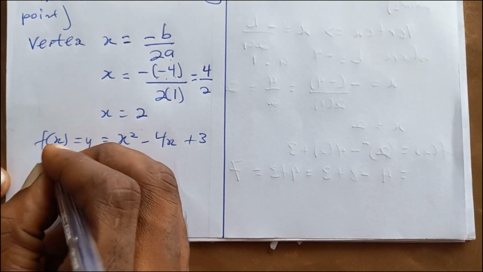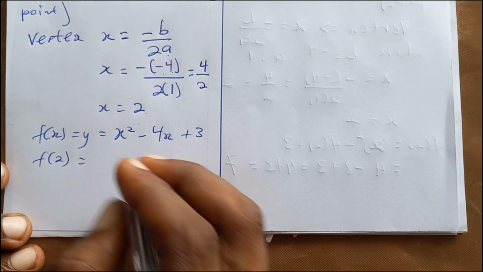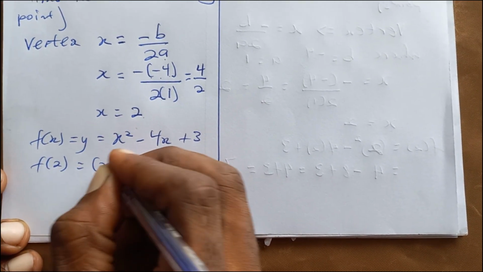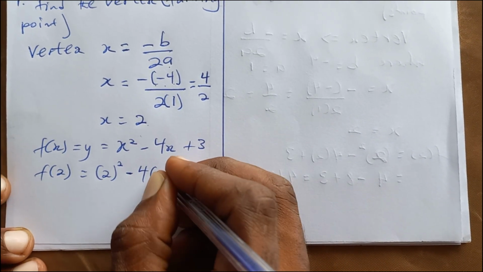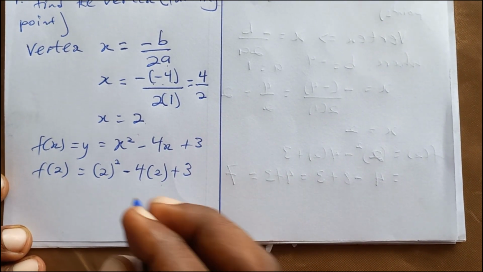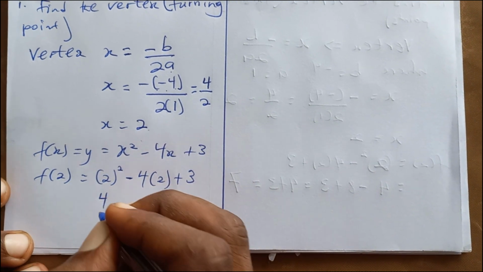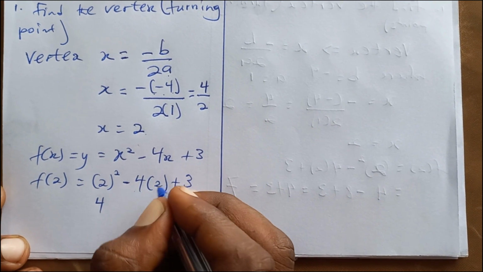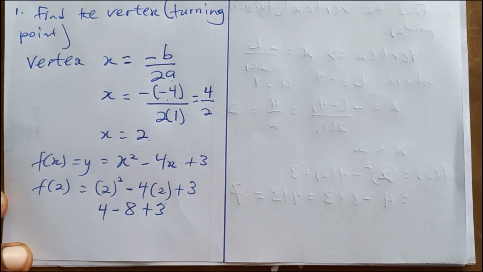So when you put x as 2, we are going to get 2 squared minus 4 multiplied by 2 plus 3. So 2 to the power 2, we are getting 4. Negative 4 times 2, we are getting negative 8, plus 3.